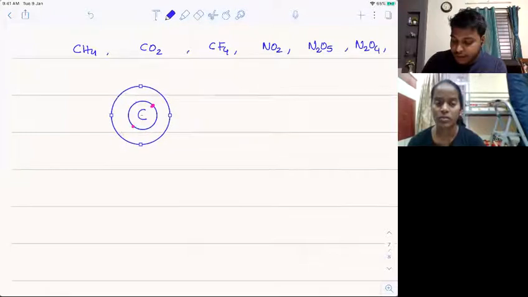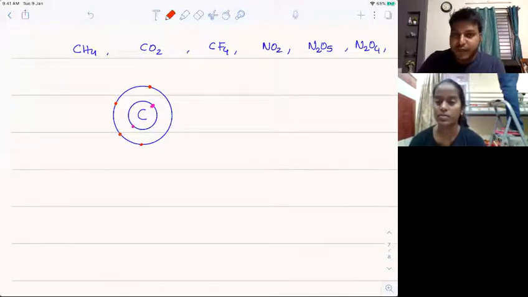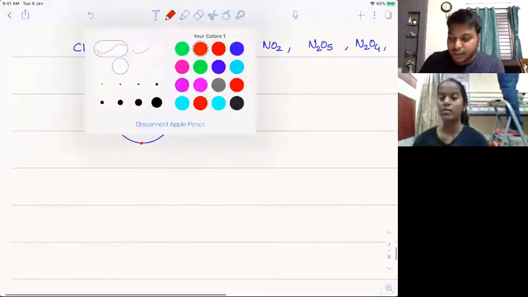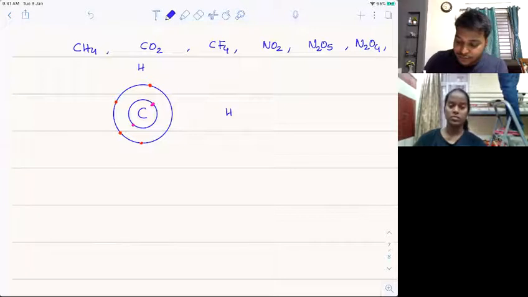And in the second orbit, we found that it has 4 electrons. Let's say these are those 4 electrons: 1, 2, 3, 4. How many more electrons can carbon accommodate? Another 4 electrons.